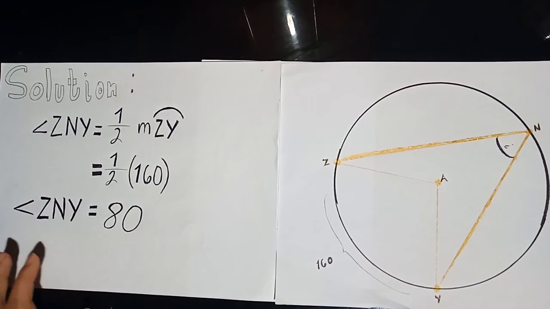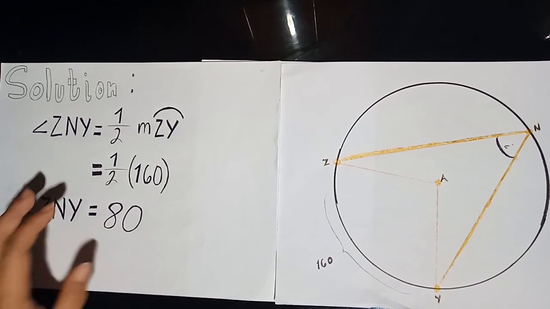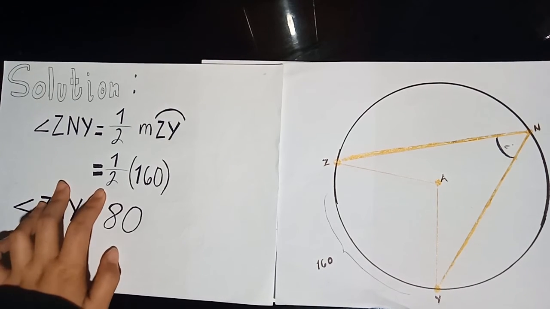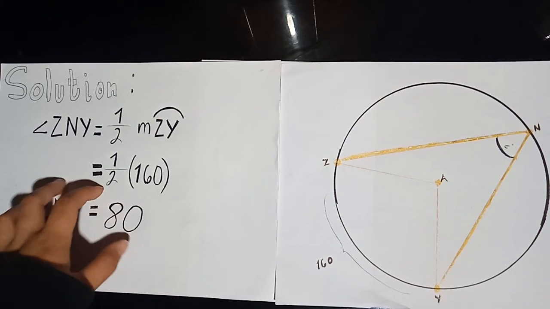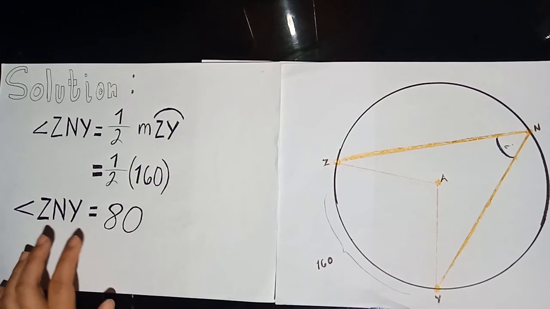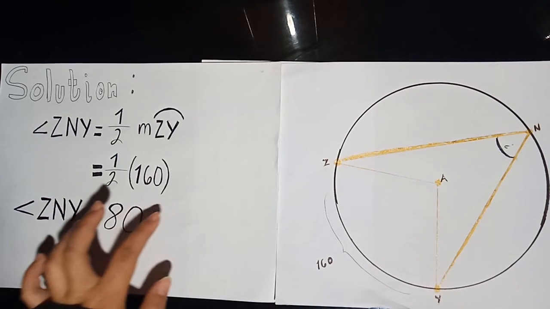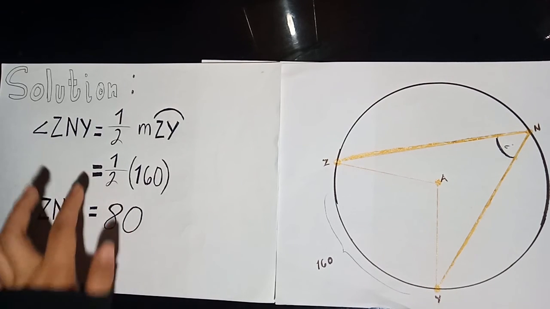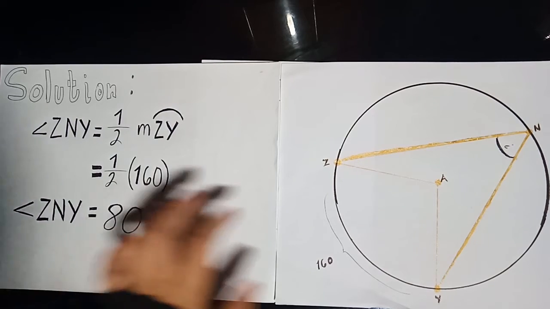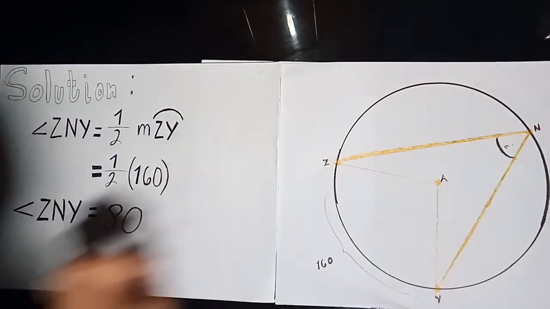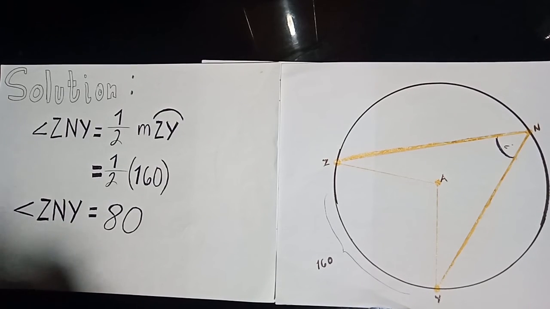Now 1/2 is the constant based on theorem number 1. So 1/2 times 160 is equal to 80, which is 80 degrees, the value of our inscribed angle ZY right over here.